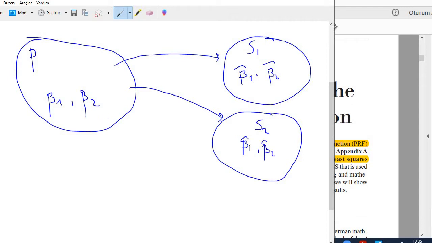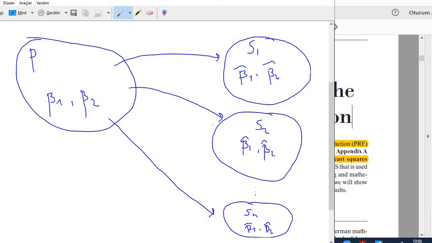So we can select infinitely many samples from this population. So this is our main methodology while we are estimating the sample parameters in order to find the population parameters. So we can estimate beta 1 and beta 2 from the other sample as well.